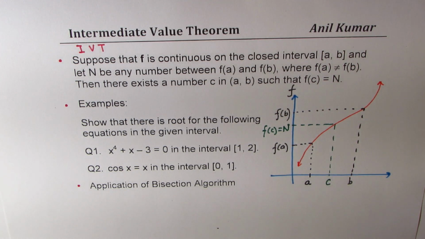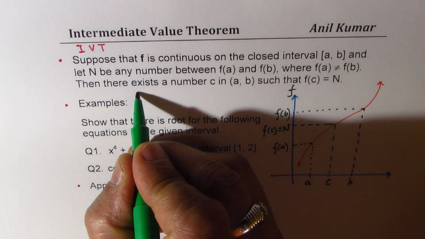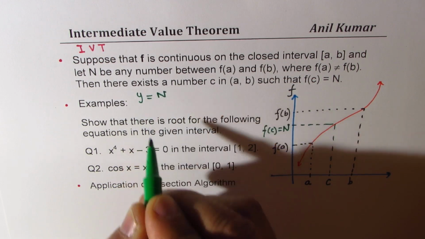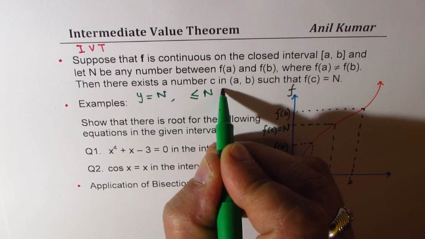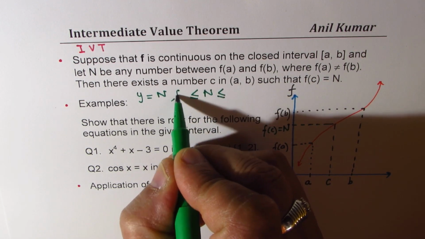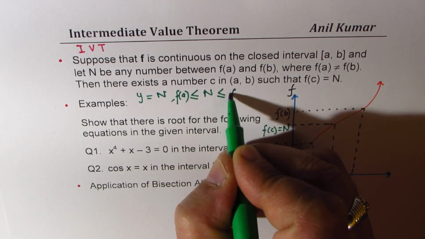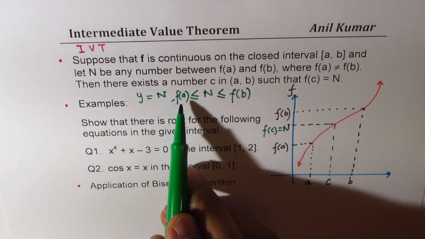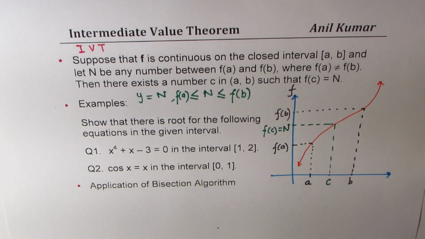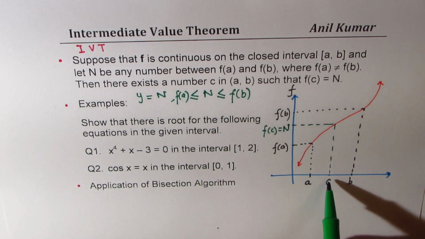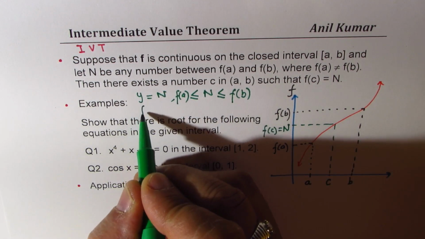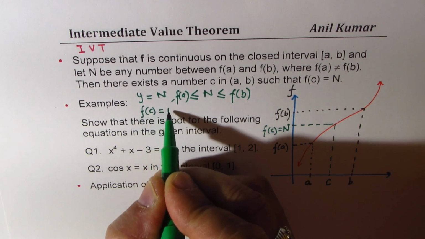Really speaking, you could think about a line y equals n, for example. So if I have a line y equals n where n is in between f of a and f of b, and we are assuming that f of a is smaller than f of b, correct? In that case, there is a point c where f of c is equal to n.